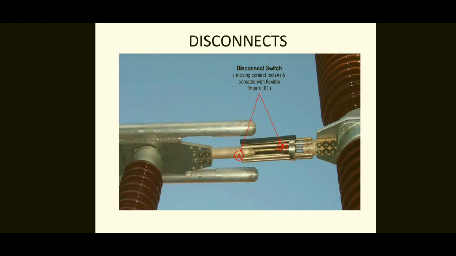One is fixed, one is moving. If any disturbance or any fault occurs, immediately the moving contact will open and disconnect the whole circuit. This is the function of disconnects.